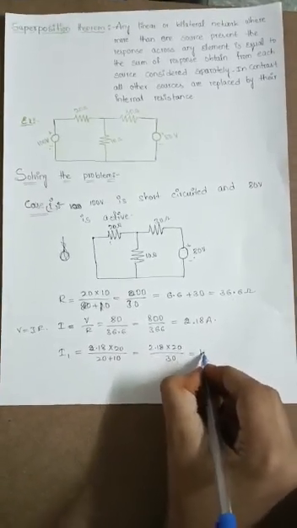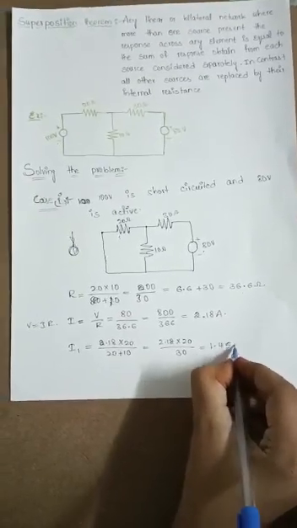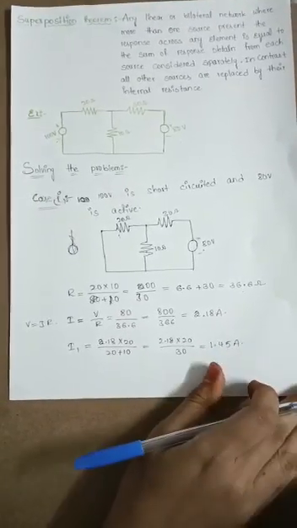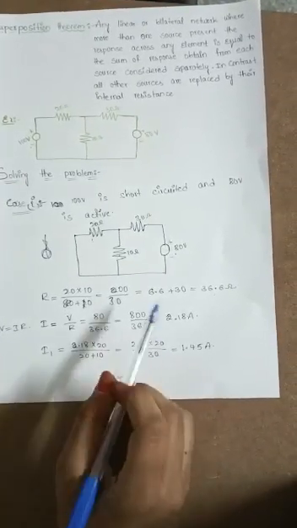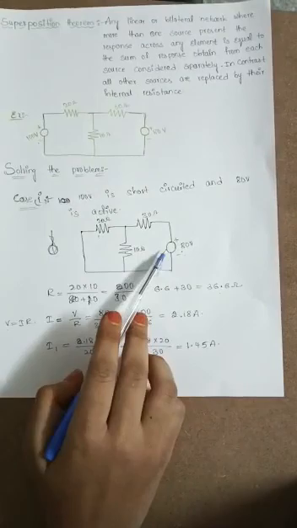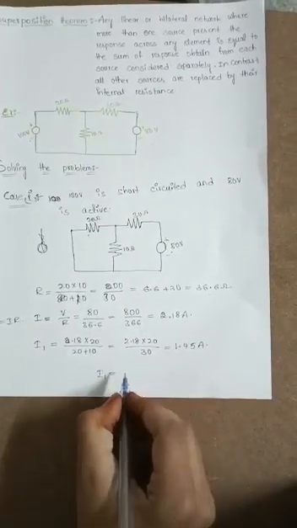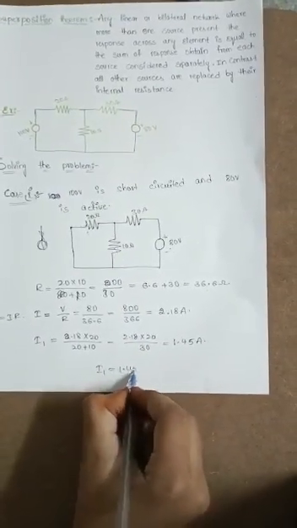What will be the value? 1.45 amperes. This is I1, the current from 80 volts to the 10 ohm resistor: 1.45 amperes.